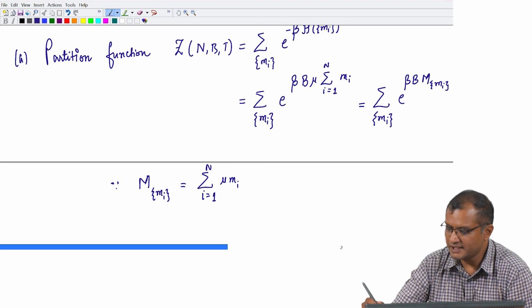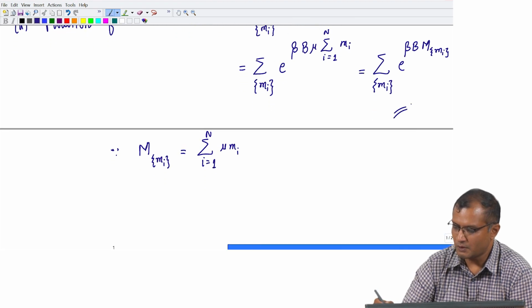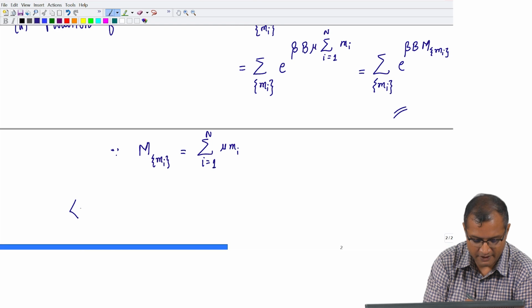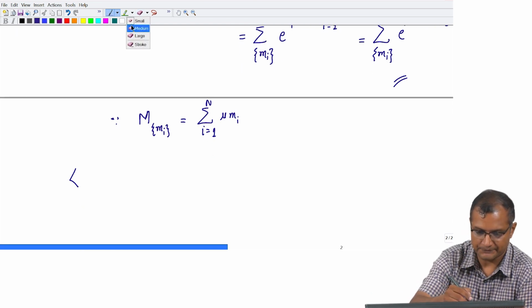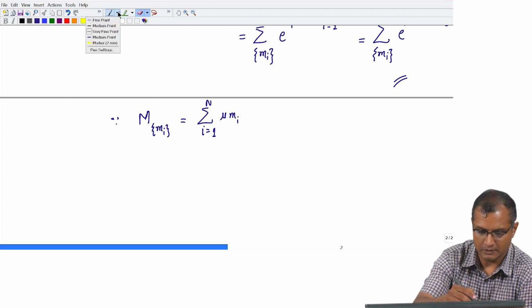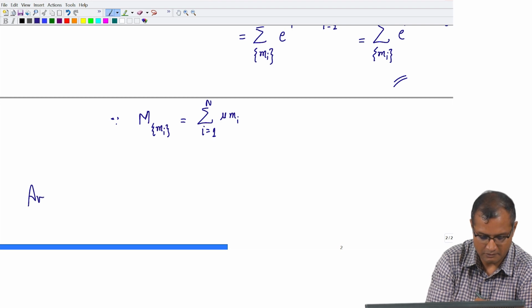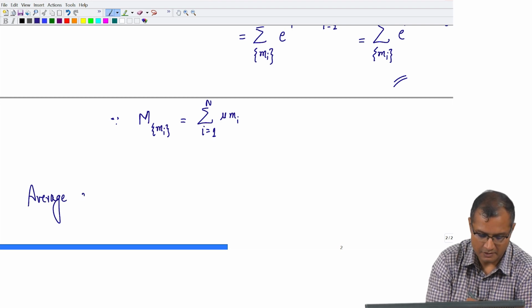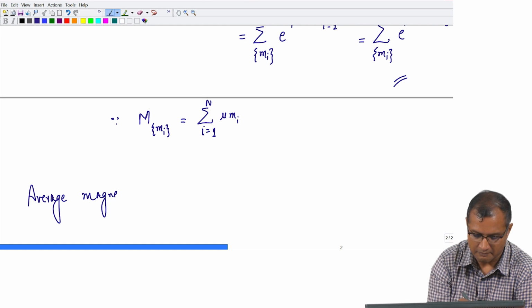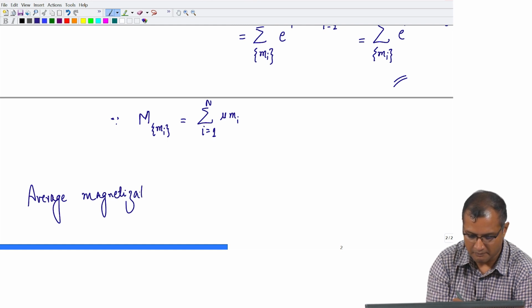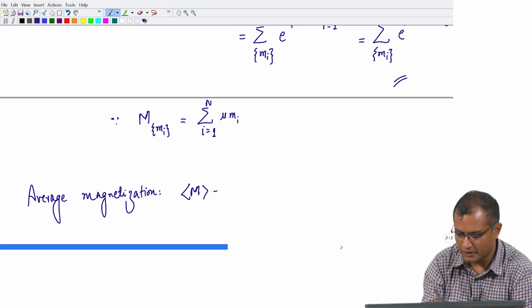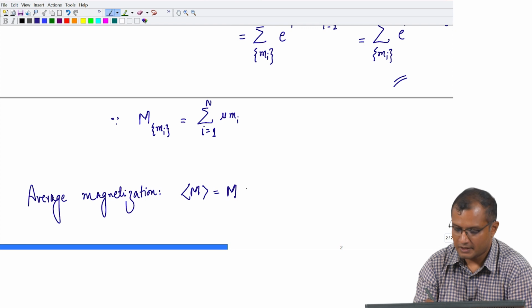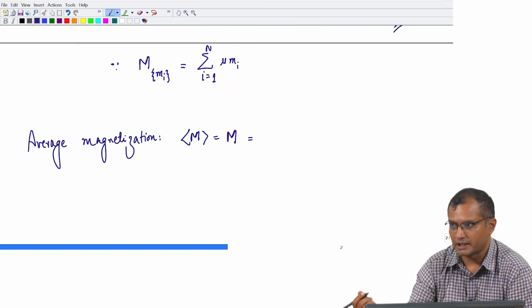So, the preceding equation allows us to write down the average magnetization, which is nothing but m, or within angular brackets, m.